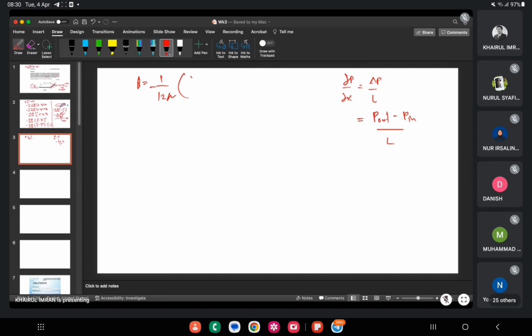So P out minus P in divided by length, times B cube W. So that is Q. Right. So from here on, now we can put the value. Okay, 1 over 12 multiply with what? What is the value? Masukkan value yang dibagi tu.